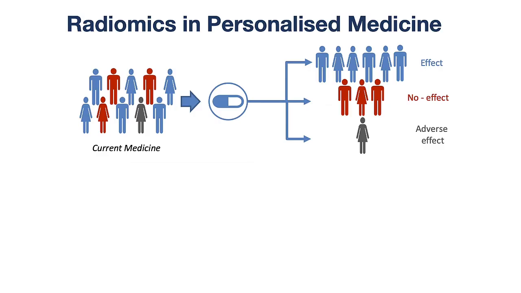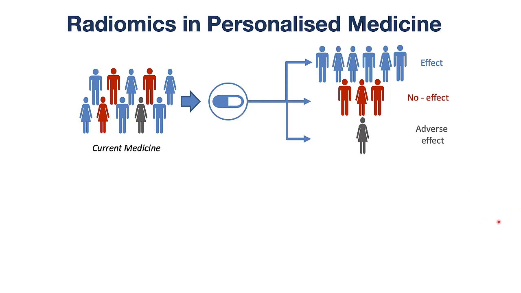So here's the concept for the first study. Now, currently, with our current medical approaches, we have a group of patients who are heterogeneous, but they all tend to get the same treatment. Many of these will have a beneficial effect, some will have no effect, and some will have an adverse effect.